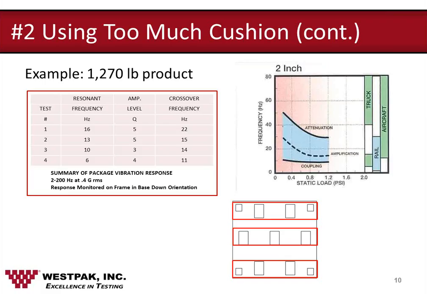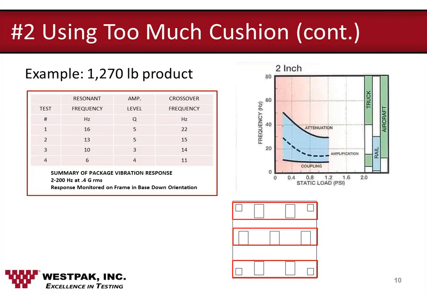We then cut out a bunch of cushion, changing the static loading of the package from 0.71 psi to 2.7 psi, and the black squares were the cushion that remained at the end of the study, and it drove the package resonant frequency from 16 hertz down to 7 hertz, which then put the product resonant frequency of 14 hertz right in the attenuation zone of the package.